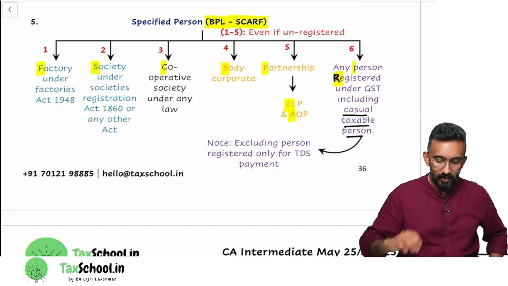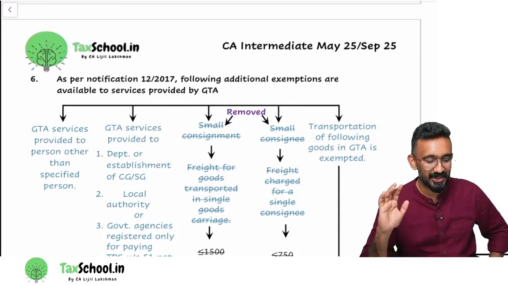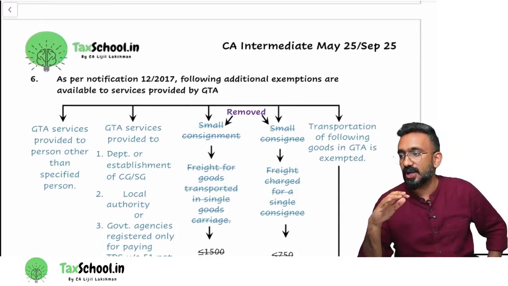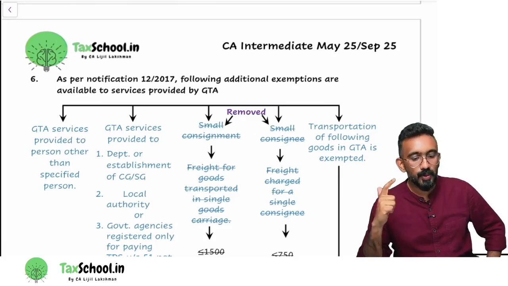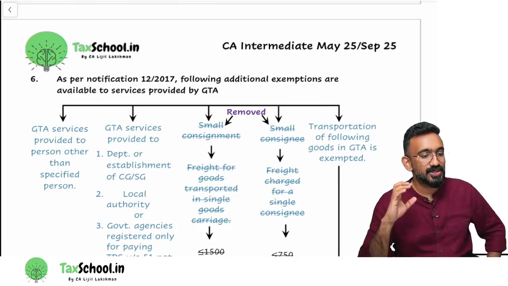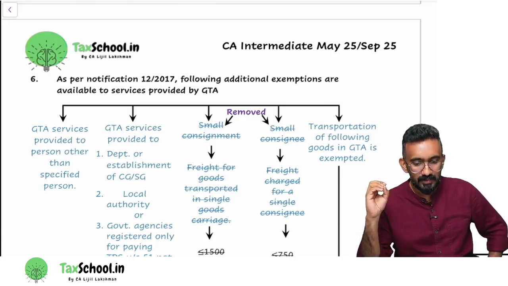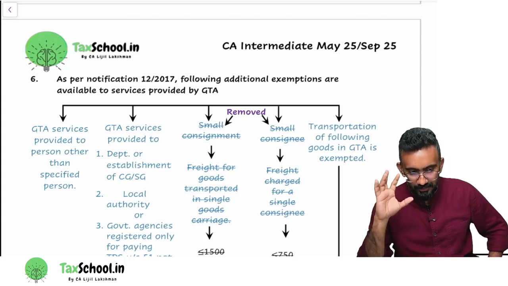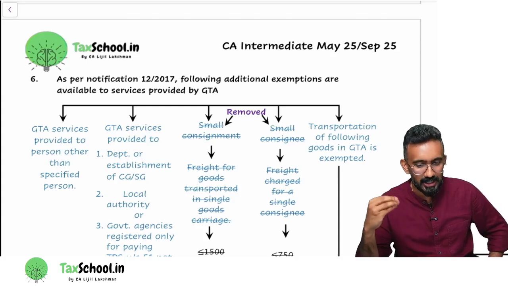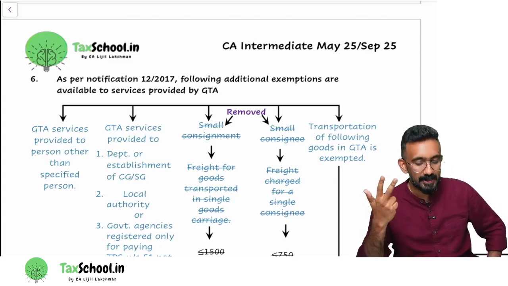Okay, let's look at what B stands for, without looking. What should B stand for? Type it in the chat box. It's body corporate. What is the code word first of all? BPL SCARF, right? I'll explain the full summary of it, but I want to take you there slowly. B stands for body corporate, P for partnership firm, L stands for LLP.